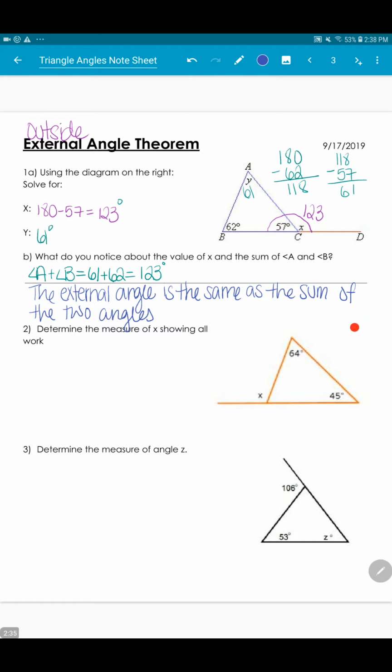Now, what I'm going to write here, I just want to explain first. Notice how 61 and 62 are the only angles that the 123 is not actually touching. It's touching the 57, but we don't need the 57 here, so we want to write that it is the same as the sum of the two angles it is not touching.